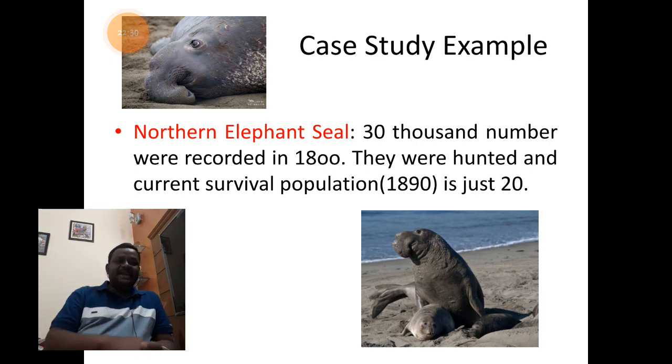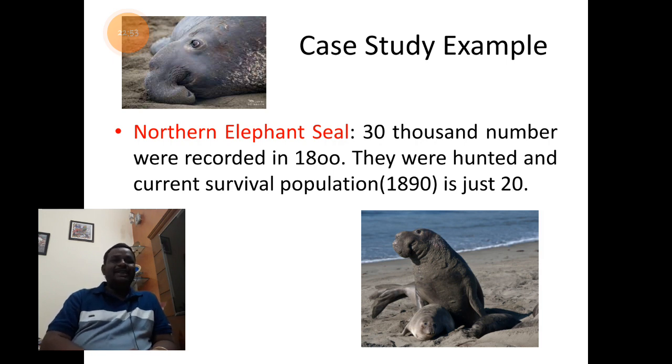Here is a case study example for the bottleneck effect of genetic drift. That is the northern elephant seal. So this seal's head looks like that of an elephant.